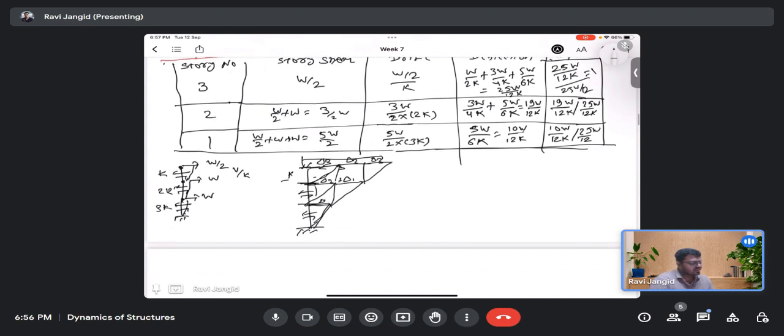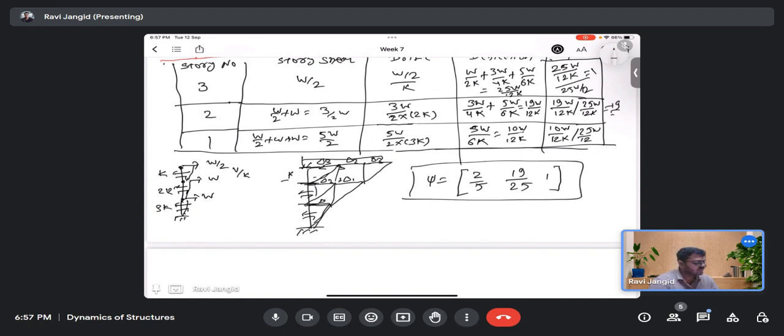When I simplify this, I am getting the shape function: for this 2 by 5, for this 19 by 25, and for this 1. That is 1, that is 19 by 25, that is 2 by 5. Okay, is it okay? Up to this, any doubt?